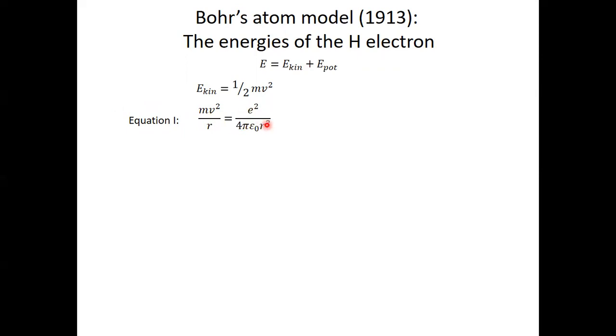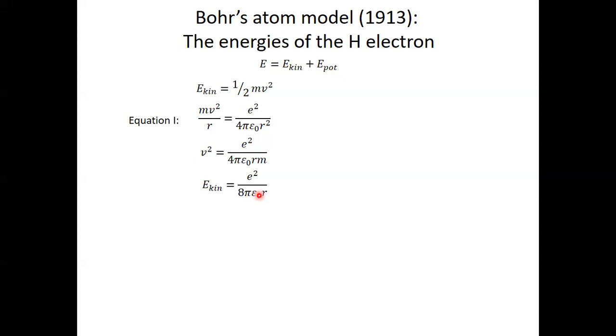So we solve this equation for v squared, and then v squared is equal to e squared over 4 pi epsilon 0 r m. Why do we do this? Because now we can insert this term into the kinetic energy equation, substituting v squared by this term. Then the kinetic energy is overall e squared over 8 pi epsilon 0 r.